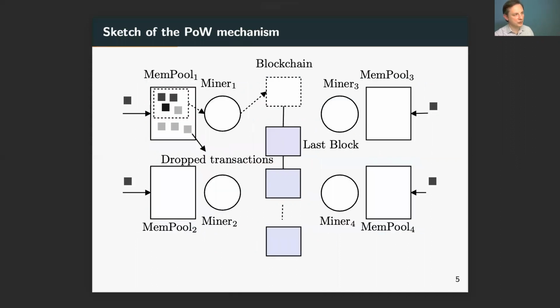So this is the sketch of a proof of work mechanism. The gray blocks that you see here are the consolidated blocks, so it's the actual blockchain, and all the miners try to add a block to the blockchain. The miners pick the transactions to add in the candidate block from their mempool, and the mempool is basically a priority queue. We will see later in detail how it works.